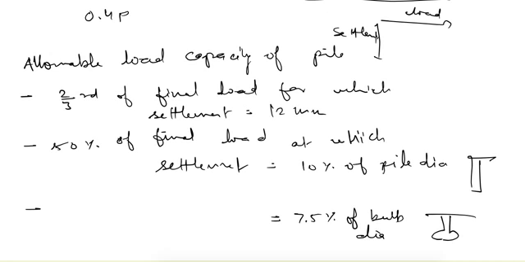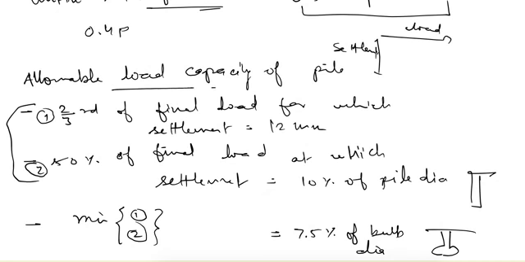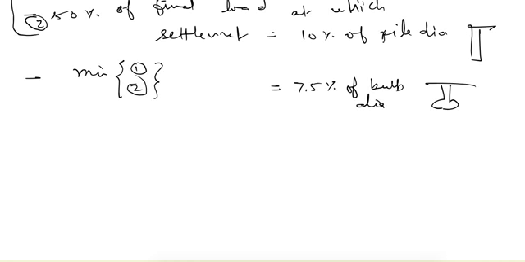So this way we can find out the allowable load capacity. These two criteria are there, criteria 1 and criteria 2, and the minimum load from these criteria will be our allowable load capacity. So that is for a single pile.